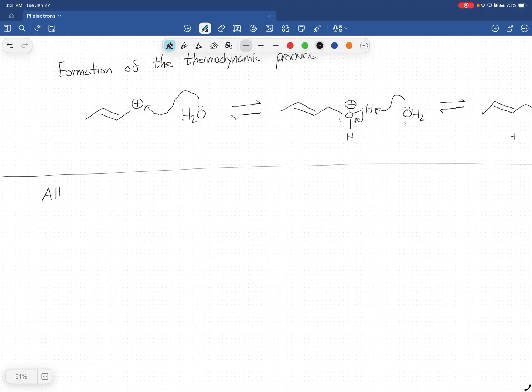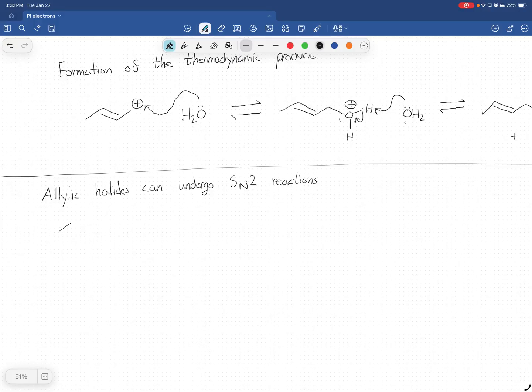All right, now let's talk about the other most common mechanism there. Allylic halides can undergo SN2 reactions.